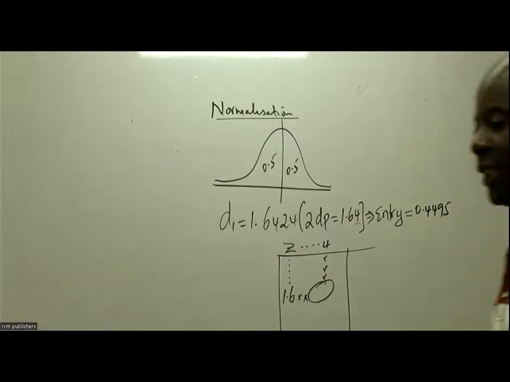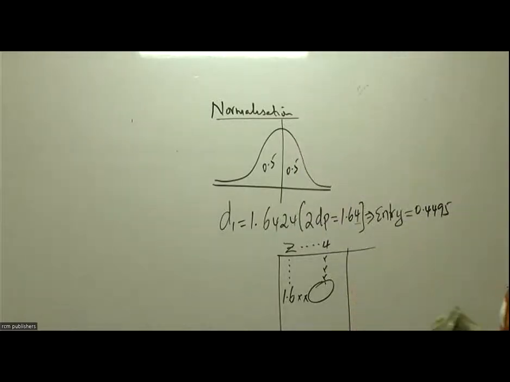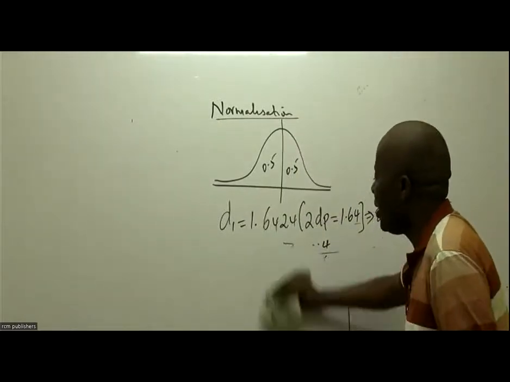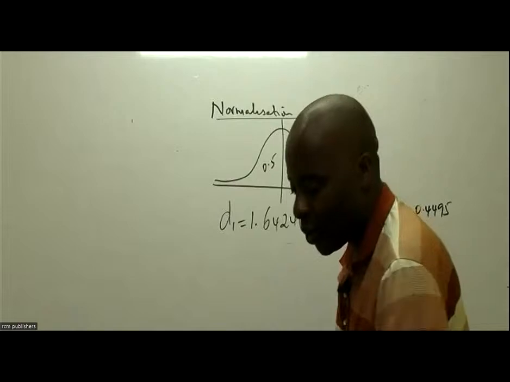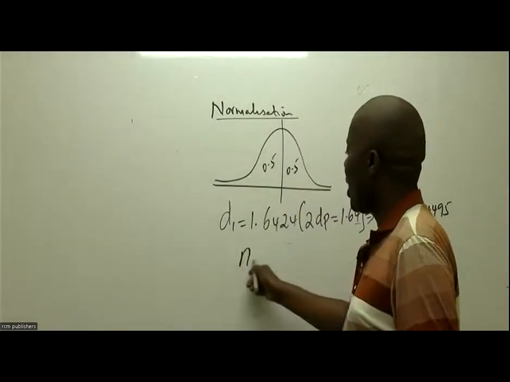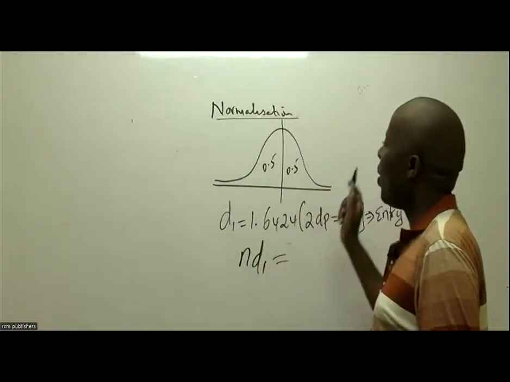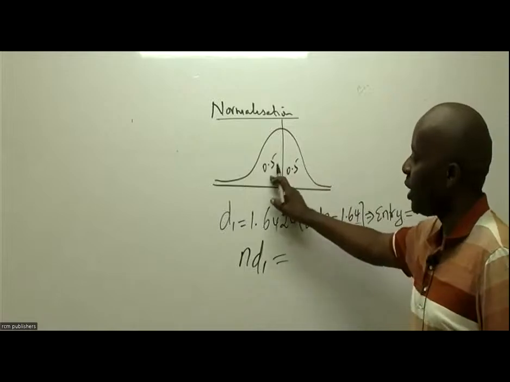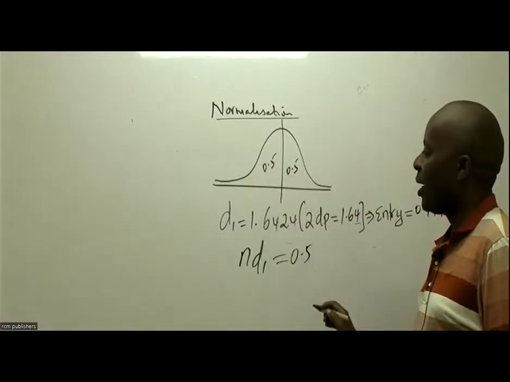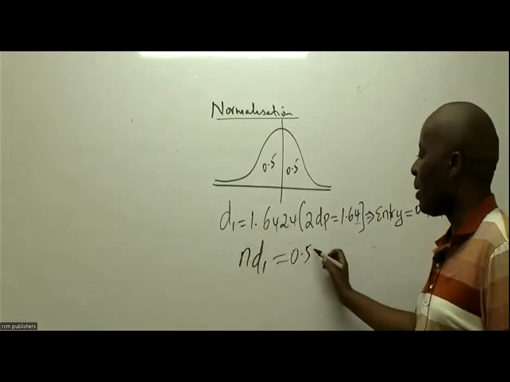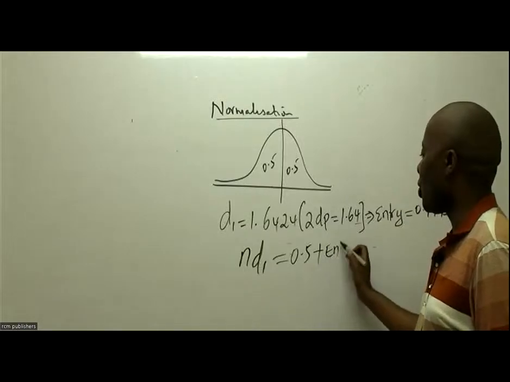44.95. Now, after I get this D1, the next thing will be to get what we call ND1. So how do we get ND1? To get ND1, ladies and gentlemen, I'll always start with 0.5. Because D1 is positive, it is 0.5 plus the entry.